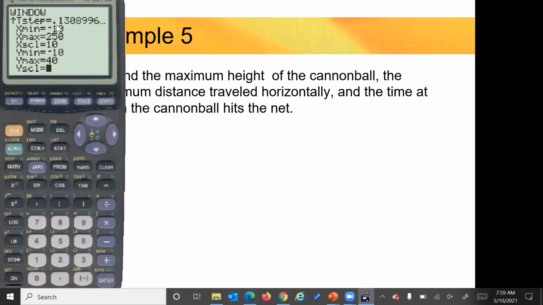I went back to negative 10 to 250 for the X min and max. X max is 250 and goes by tens for the X scale, and the negative 10 to 40 by fives. So negative 10 to 40.